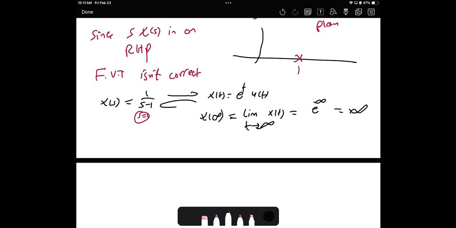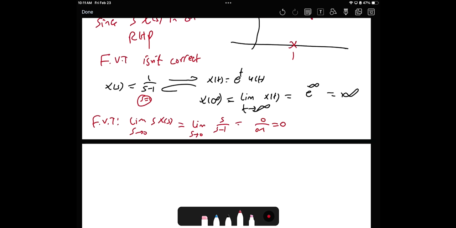Now let's apply the final value theorem to see whether we get the same answer. The limit as s goes to 0 of s X of s is the limit of s over s minus 1 as s goes to 0, which is 0 over 0 minus 1, so the answer is 0.